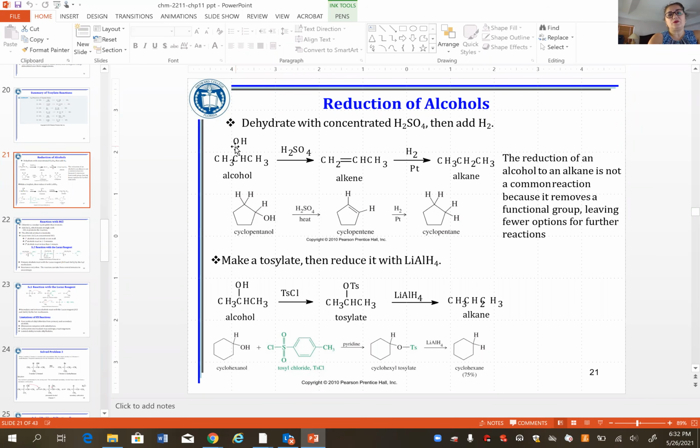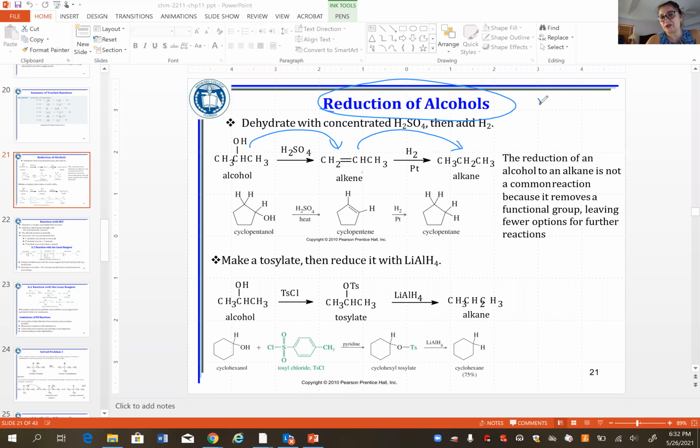We cannot do a direct reduction. This is indirect reduction. First, you do dehydration of the alcohol. You change it to alkene, and then from alkene, you just do hydrogenation. That's one method for indirect reduction.